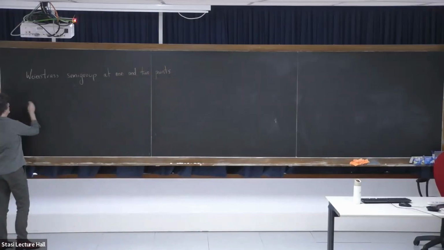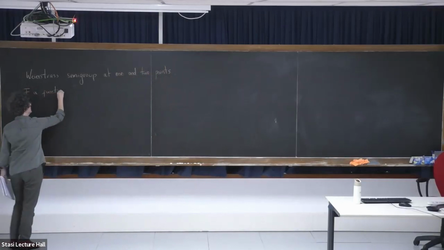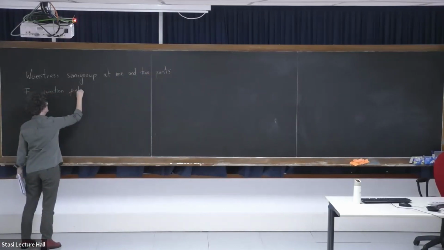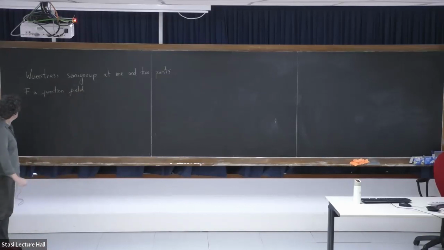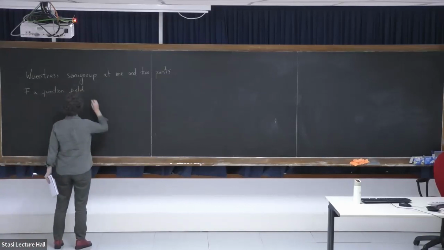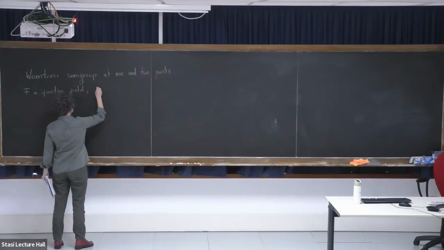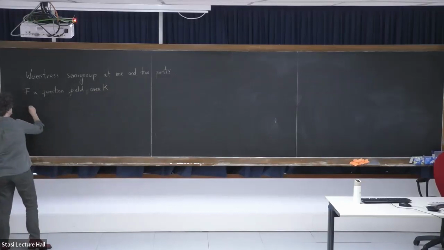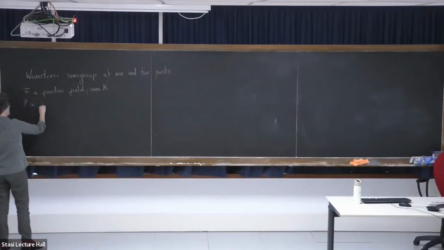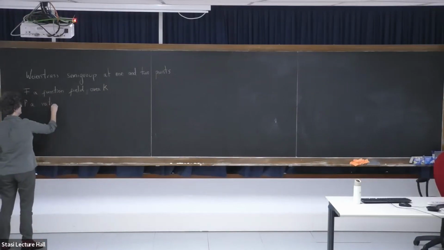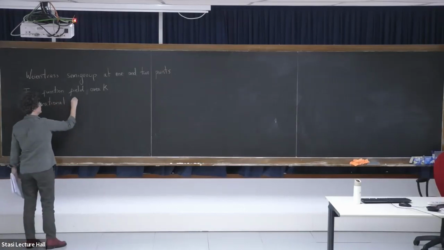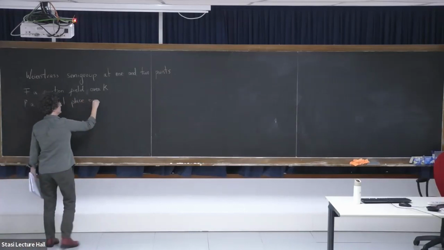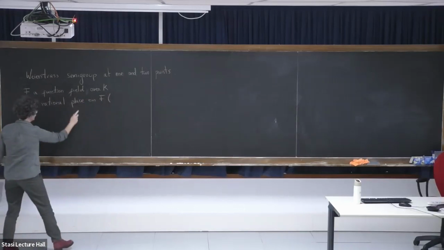So we have a function field over the field F, and we fix a rational place P. What is a rational place?